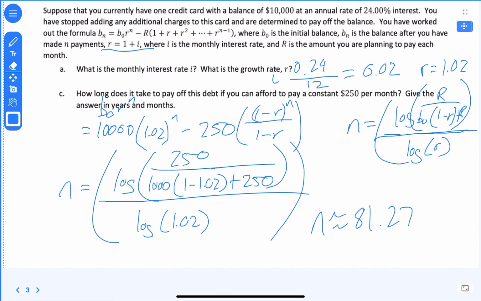So what's going to end up happening is you're going to pay $250 for 81 months. And then that last month, you're only going to pay 0.27 times 250. That'll be the rest of the payment.